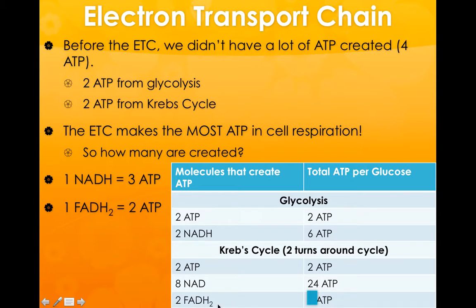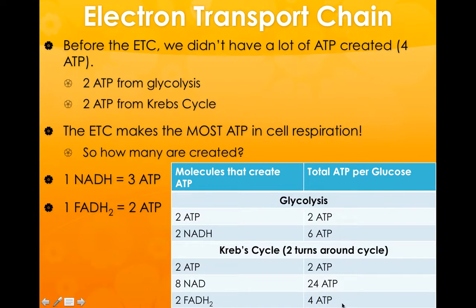Now finally, when FADH2 comes down and drops off electrons in the electron transport chain, it can actually make only 2 ATP. The reason for this is that it drops its electrons off later in the ETC than NADH does. But the 2 FADH2 that are created here, we have to multiply by 2 to get the total number of ATP created by the FADH2 molecules from Krebs cycle.